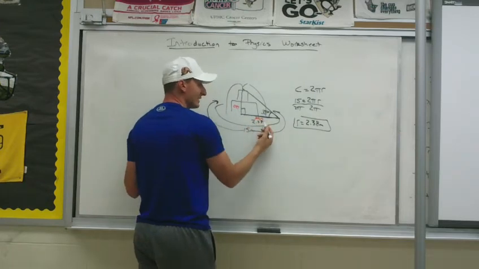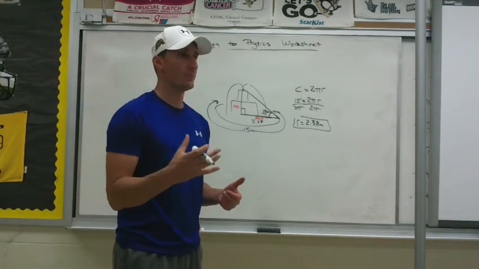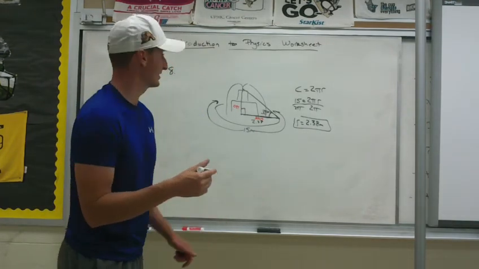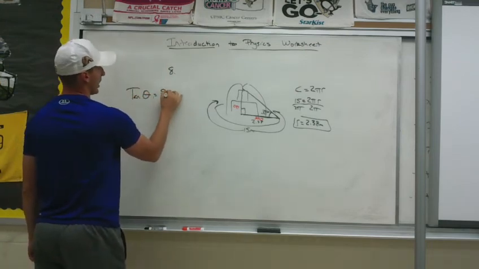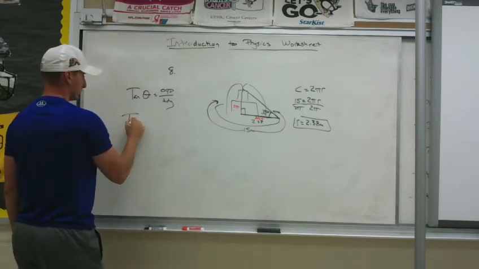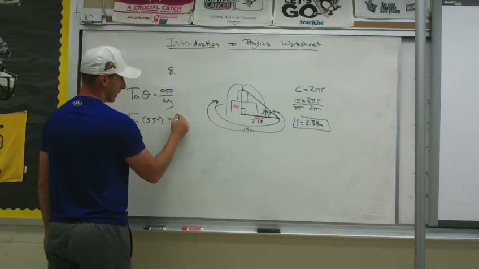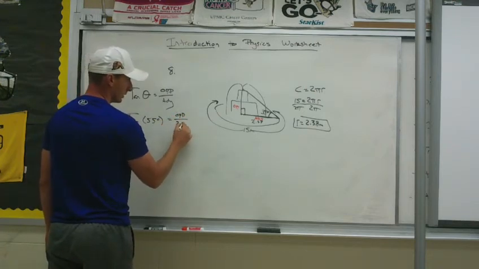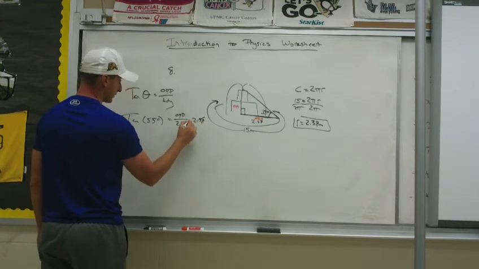Now I know adjacent, I want to find opposite. So now you got to select your trig function. Opposite and adjacent is TOA, so that means tangent. Tangent of theta equals opposite over adjacent. Tangent of 55 degrees equals opposite over adjacent, which is 2.38. Multiply by 2.38, cancels out.